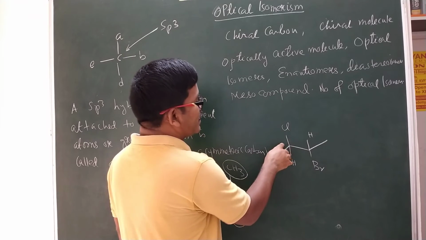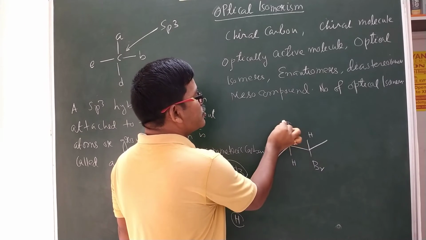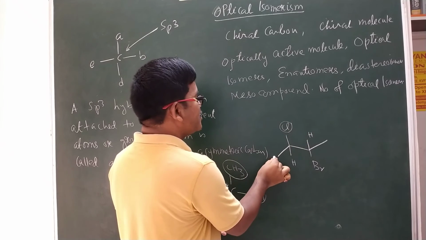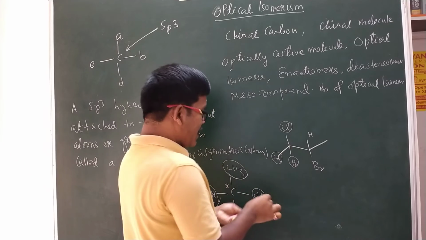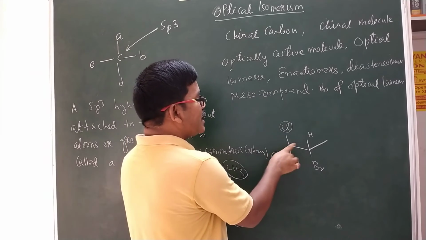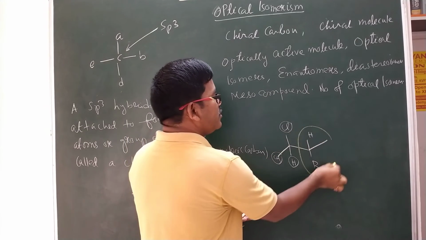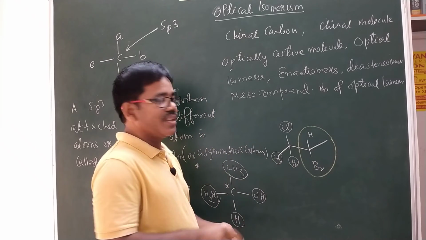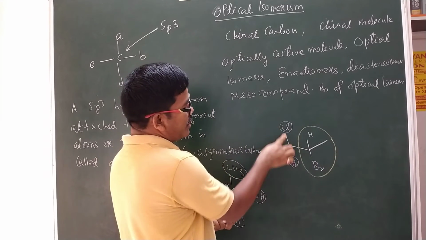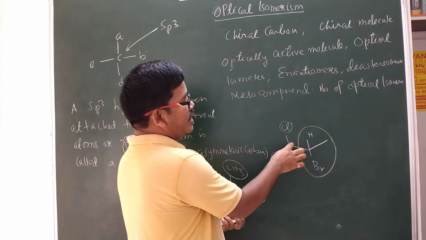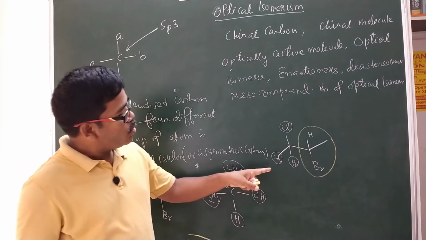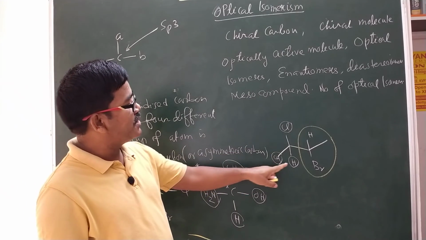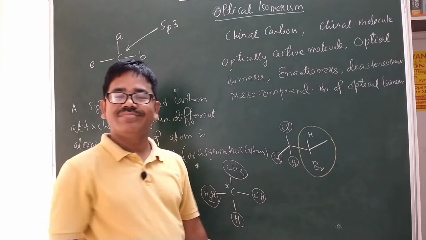Now, if I see this carbon, one is chlorine, another is CH3 group, another is hydrogen, and last is the group as a whole. Now you can see all are different: chlorine, CH3, hydrogen, and the whole group.